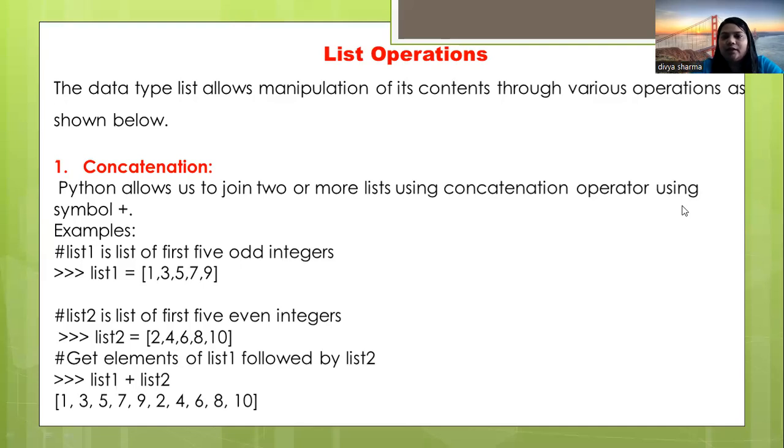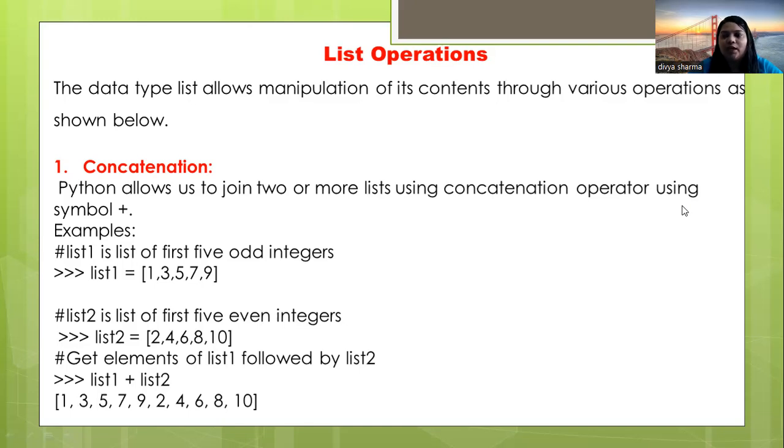So, in the previous video, we discussed the basics of the list in Python programming. What is the basic list data type? As we have discussed, a list is a data type which can contain elements of any type, which means that elements can be any number or any string.